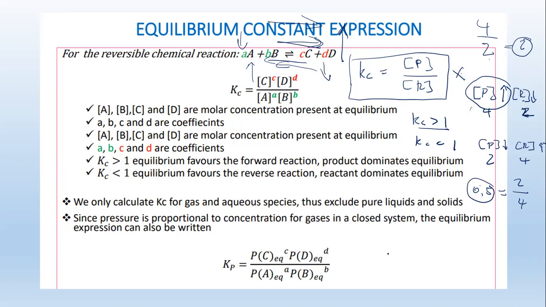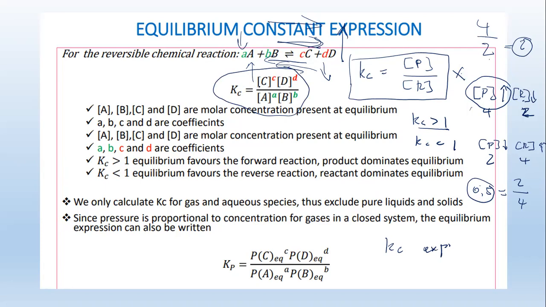So now again, when writing your Kc expression, which is what we see over here, always make sure that you check your equation, whether it is homogeneous or heterogeneous. That's the first thing that you check before you write your Kc value.